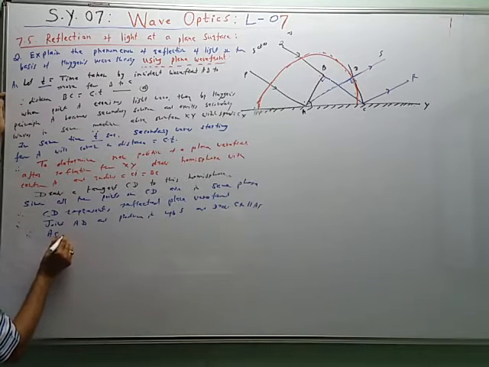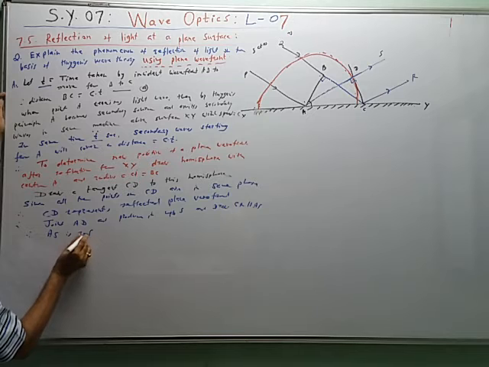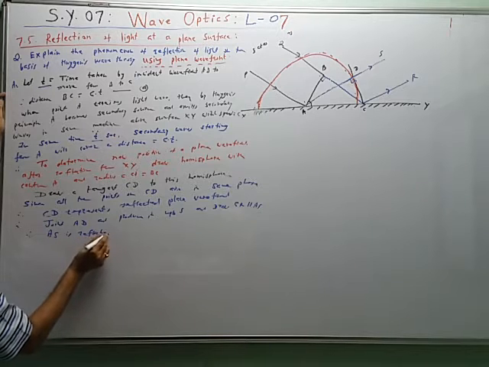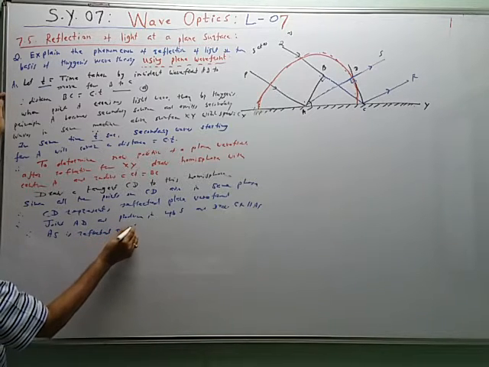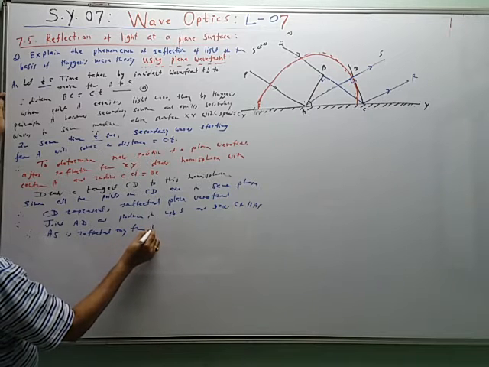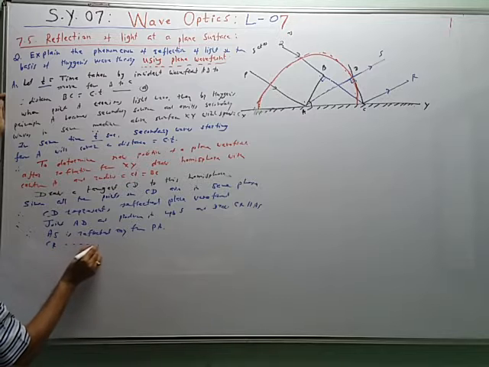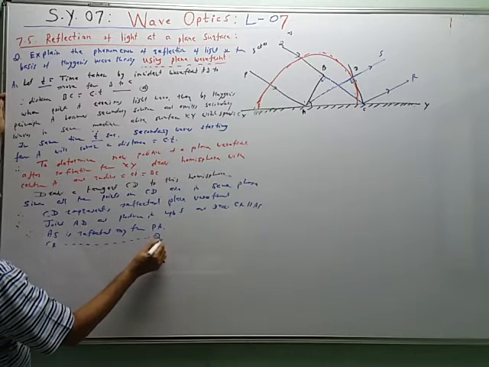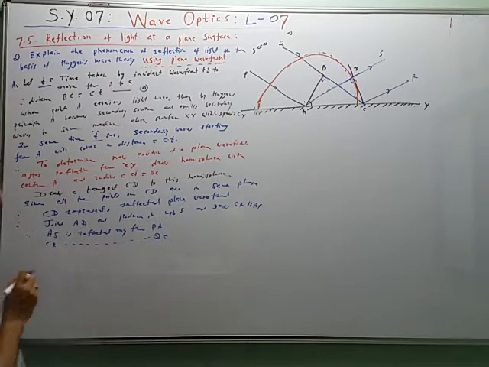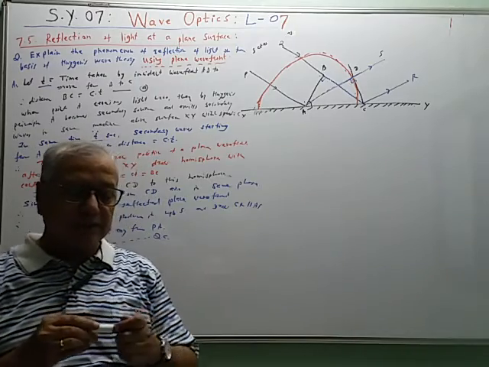Therefore, AS is the reflected ray for PA, and CR is the reflected ray for QC. So now the geometry is like this.